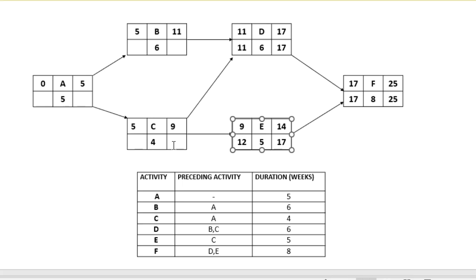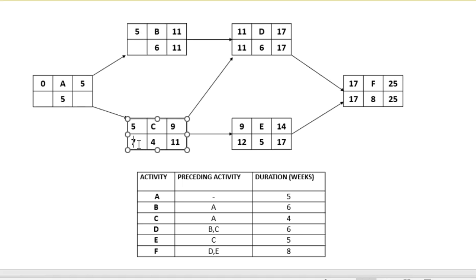The latest finish time for C will be 11 weeks because D had to start in 11 weeks. Same for B. Remember, D was dependent on B and C to finish. The latest start time for C, remember our formula? 11 minus 4, that will give you 7.